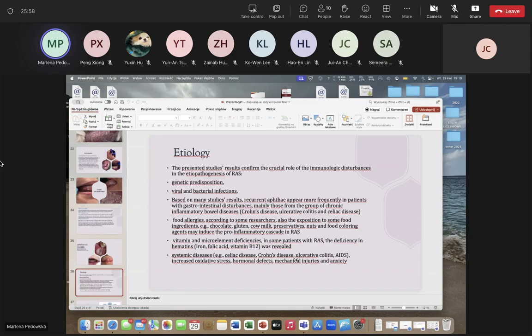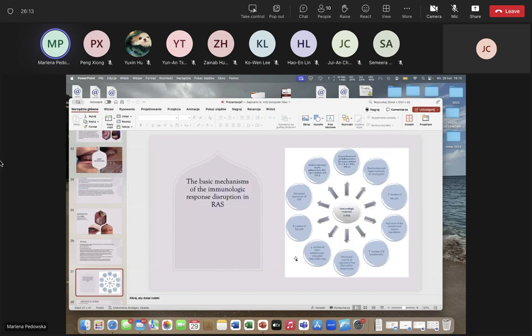aphthous stomatitis development. Some vitamin and microelement deficiencies in some patients with RAS can also be the reason, and some systemic diseases like celiac disease, Crohn's disease, ulcerative colitis, and also AIDS. So remember that the reason for the development of aphtha can be different in each person. For me, for instance, it can be a lack of iron, right, or iron deficiency.